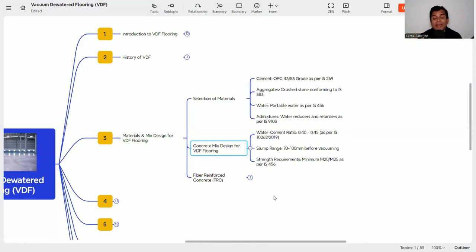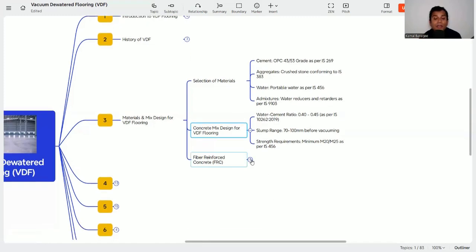Then fiber reinforced concrete, and polypropylene fibers 0.1 to 0.3% we are using in the VDF flooring. So what is fiber reinforced concrete? If you want to know about fiber reinforced concrete, the link is in the description. But why are you using polypropylene fiber? To reduce the cracks and enhance durability.